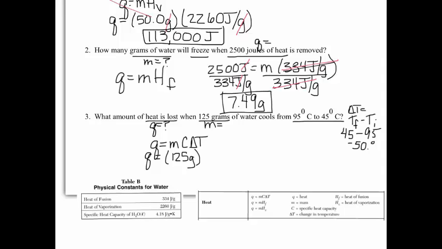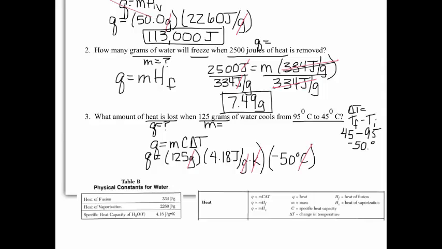So that is 4.18 joules per gram Kelvin. And delta T, we just figured out, is negative 50 degrees. When we're talking about a difference in temperature, a degree in Celsius and Kelvin is the same, they cancel. And grams cancel, so our answer is going to be in joules.